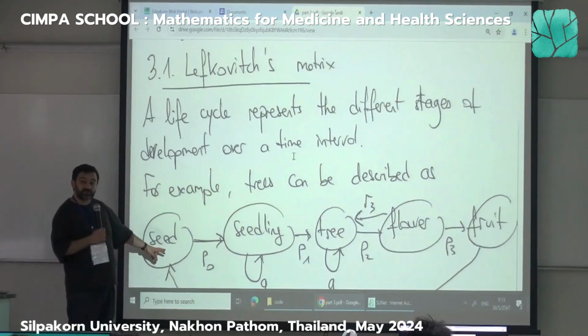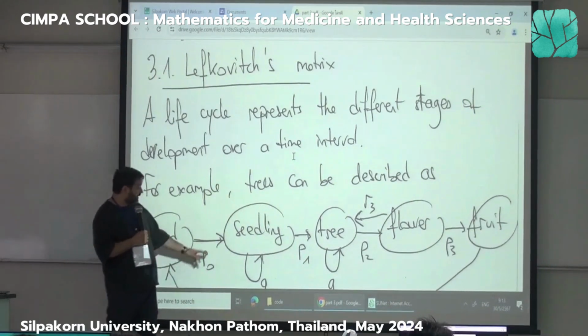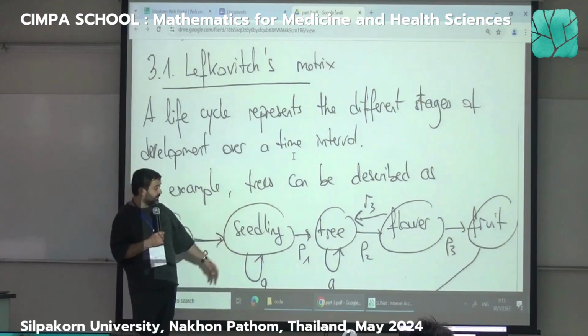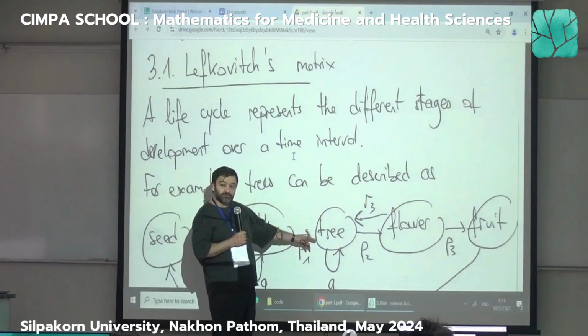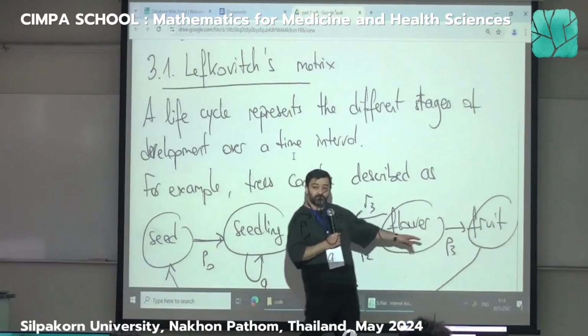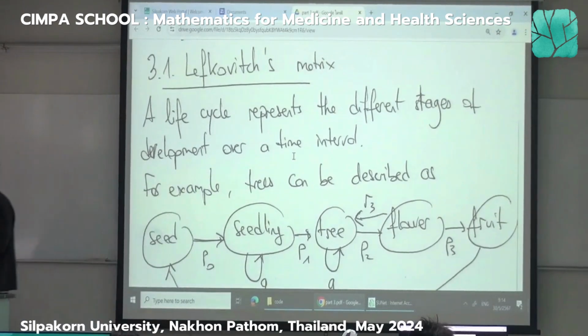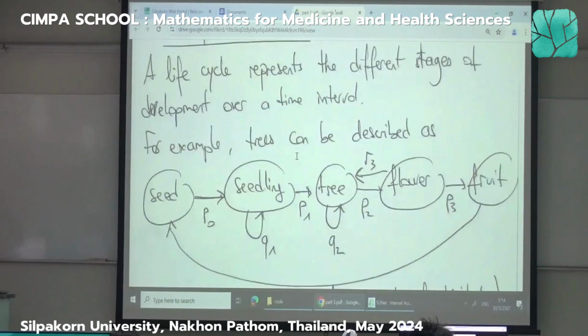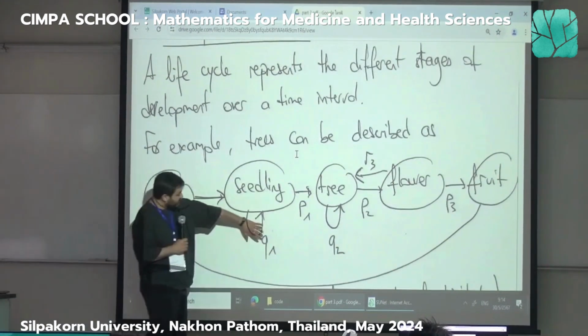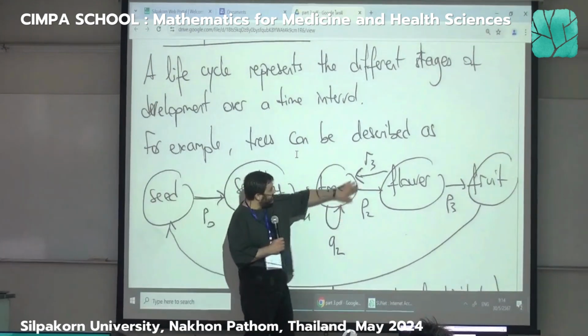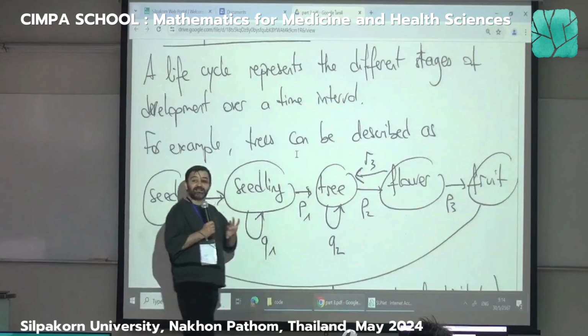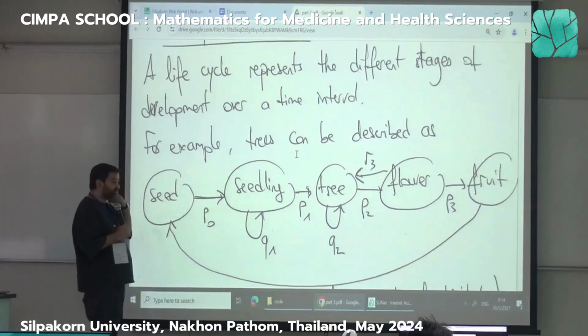You start with the seed, very small, then it can become a seedling, then become a tree, the tree gives flower, flower gives fruit, and fruit gives seed. If you forget this row, it is exactly the same as the Leslie matrix.